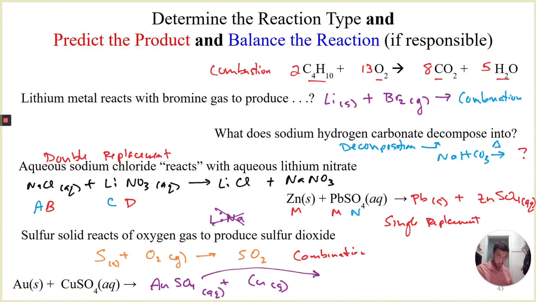If gold is a +3, again, not expected to memorize that, but if we run under gold being a +3, what should that formula become? And we should get Au2(SO4)3. Okay? And that one was also a single replacement reaction.